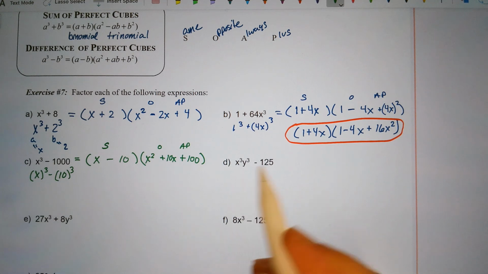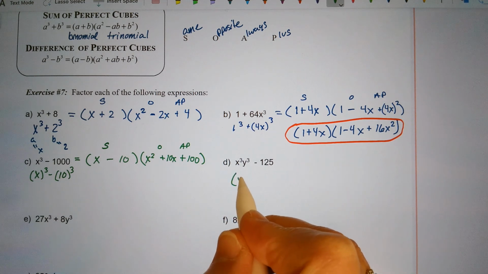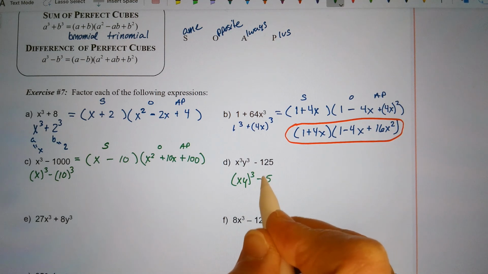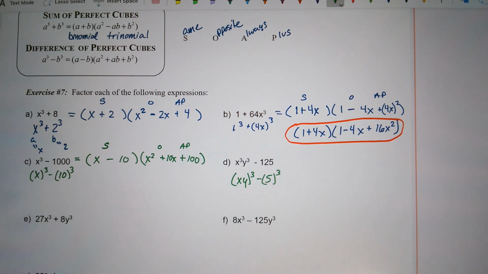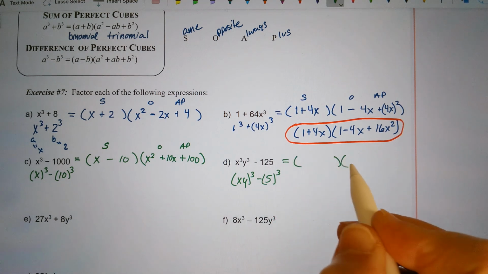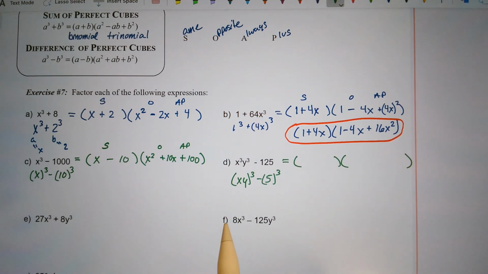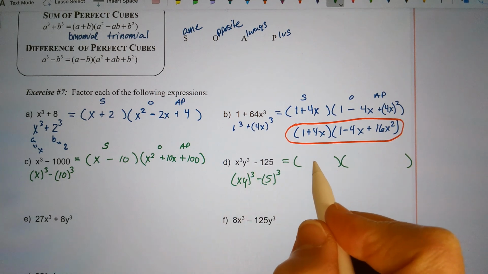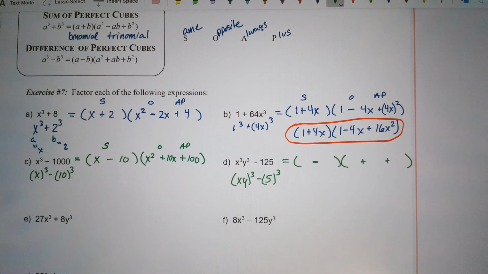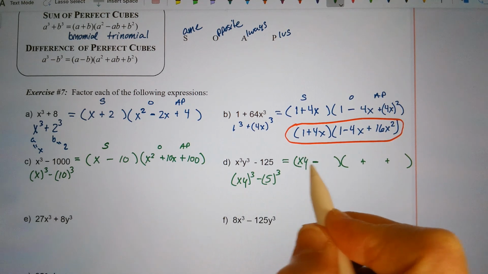D, this is xy cubed minus 5 cubed. Binomial and then trinomial. For signs, same, opposite, always plus. xy minus 5 is the binomial.